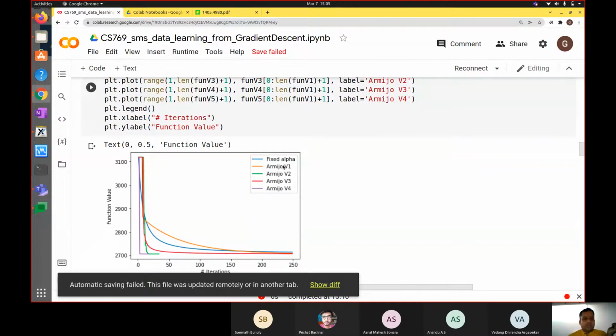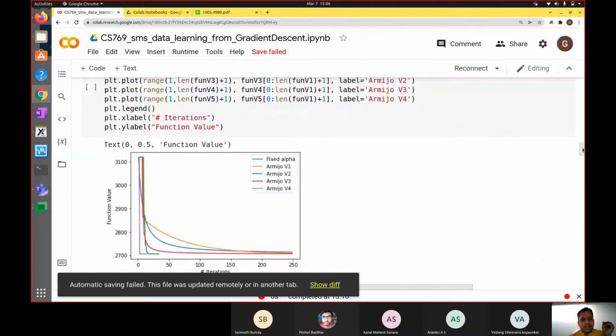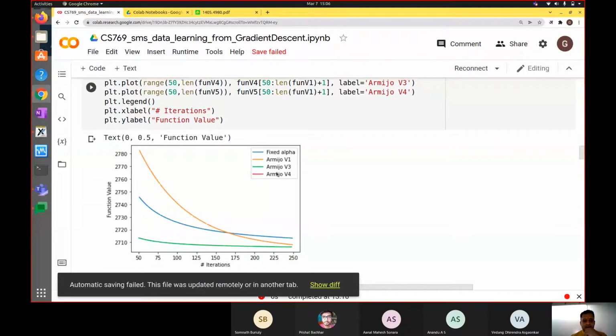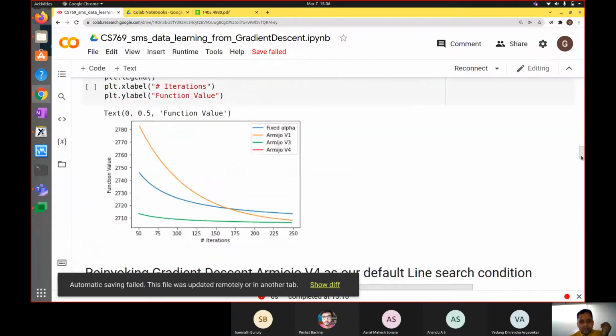Okay, so on the number of iterations, you'll find that V4 really does well. And what we have done in the next plot is say, the behavior initially is fine, but what about subsequent behavior? So from iteration 50 onwards, we have looked at the plot here, and V4 has done a great job already. V4 is out of this plot.